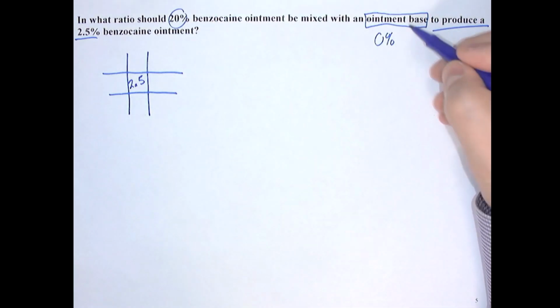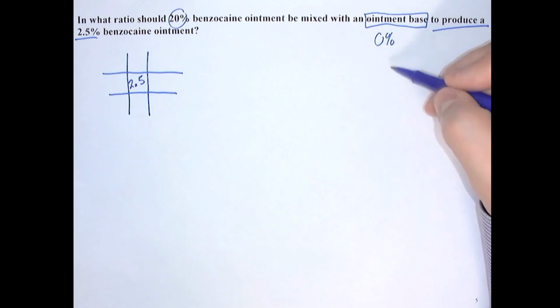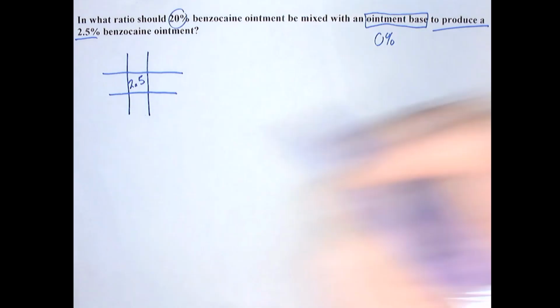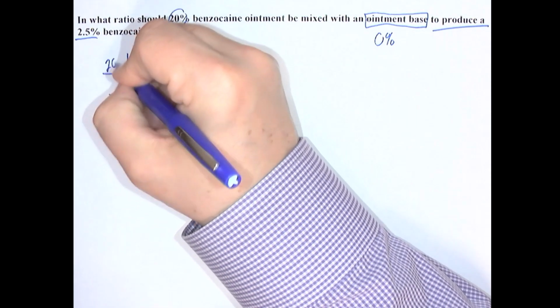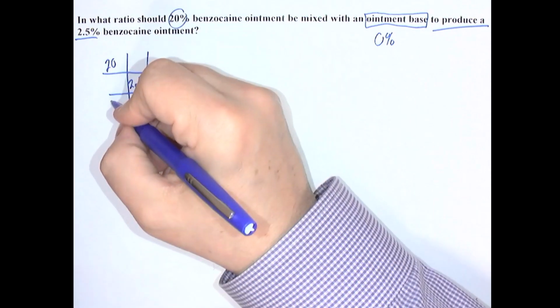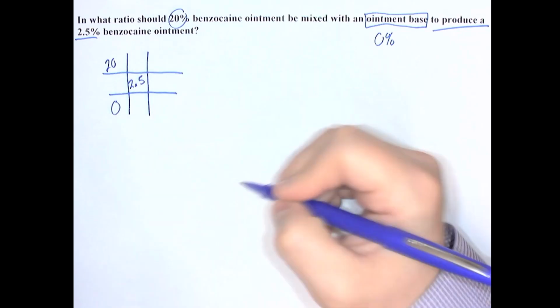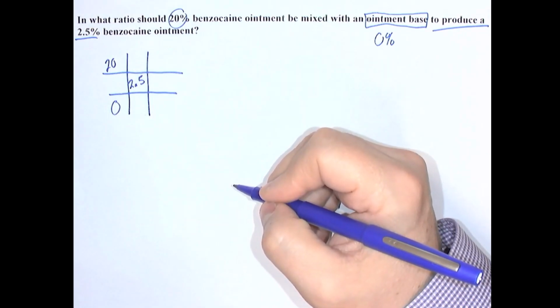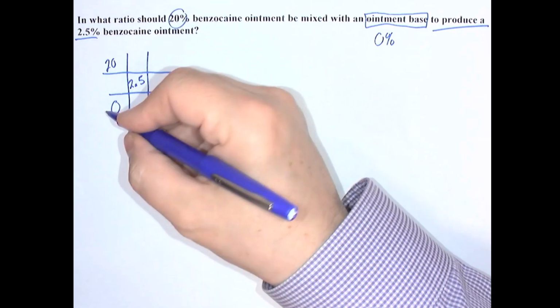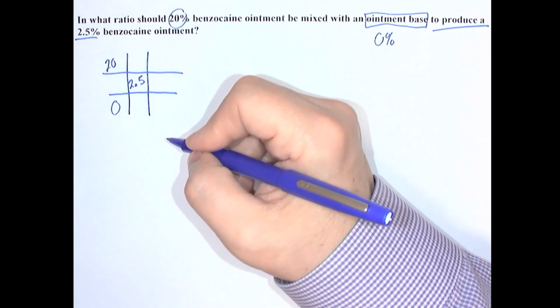So that's a substance that has 0% concentration of the active ingredient that is being discussed in the problem. So we're going to use something that has a 20% concentration, and then this ointment base that has a 0% concentration. So even if there's a 0% concentration, we can implement alligation alternate to solve this problem.